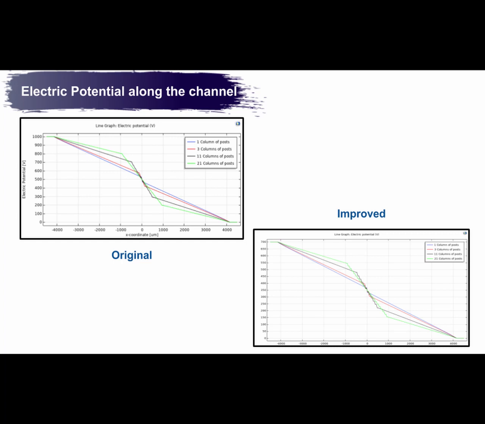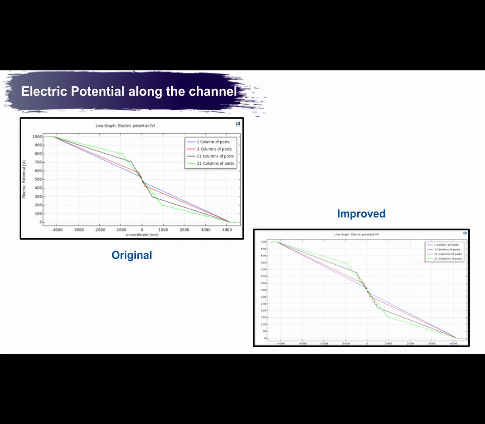The first result we're going to analyze is the electric potential distribution along the channel. Here, we obviously expect at the beginning of the channel in the input electrode, the voltage to be at its maximum value, and at the ground electrode to be at its lowest value of 0. Here we can observe how, with each post or line of posts, there is a voltage drop.